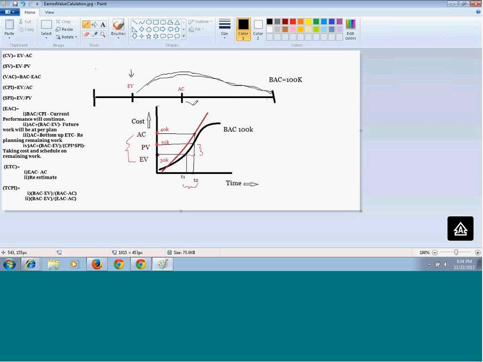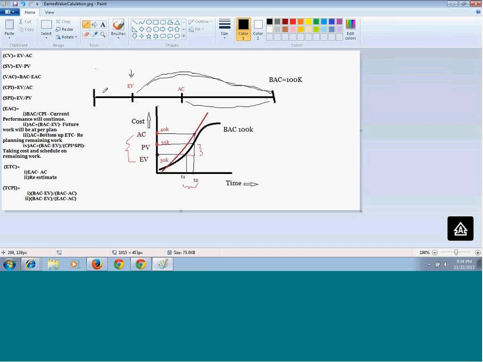This portion is the actual cost you already spent, and this is the total budget you have, so this amount tells you how much money you have in your hand right now. You can refer to this graph, which also tells you what your plan was. This black S curve gives you the plan, how your budget will be disbursed, and this red line tells you what your current performance is. This is the actual cost you are spending over time.